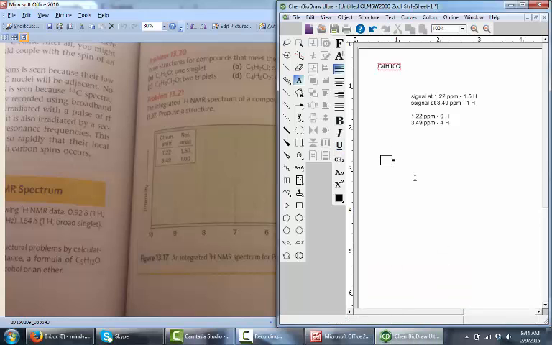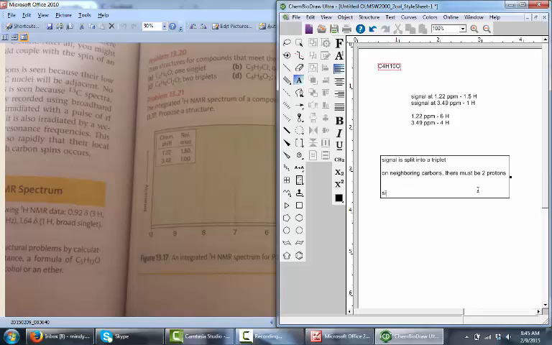I'm going to write that down. So if a signal is split into a triplet, that means on neighboring carbons there must be 2 protons available.